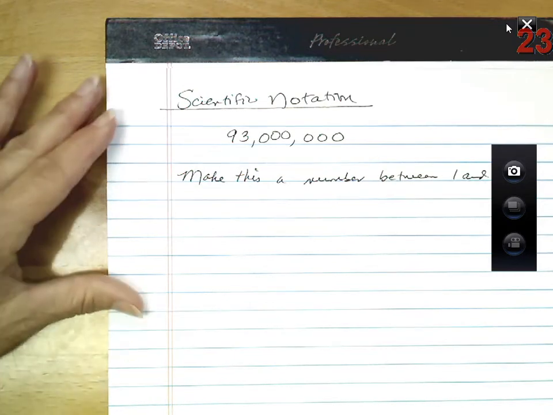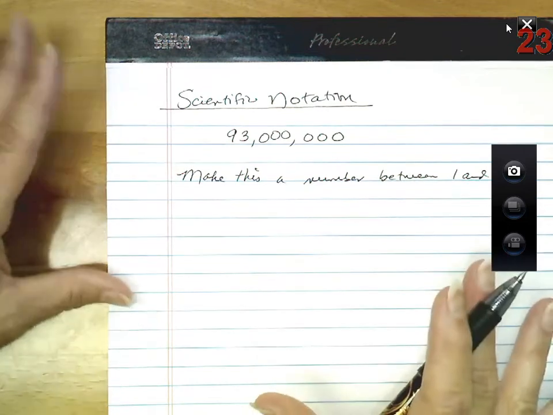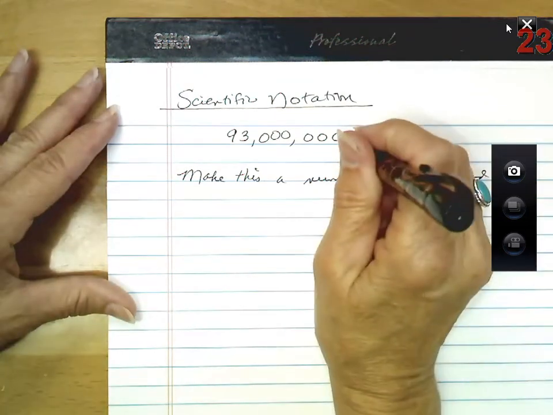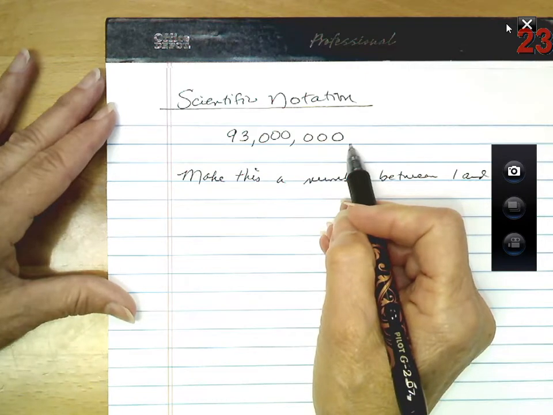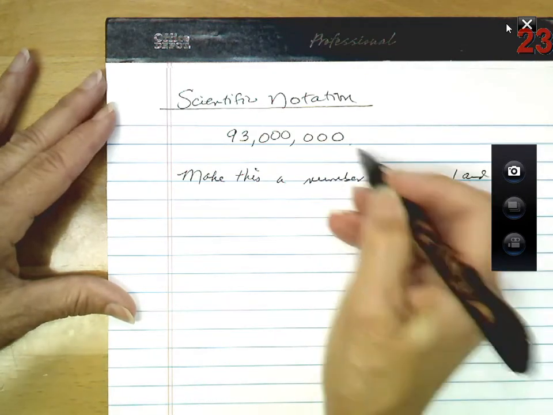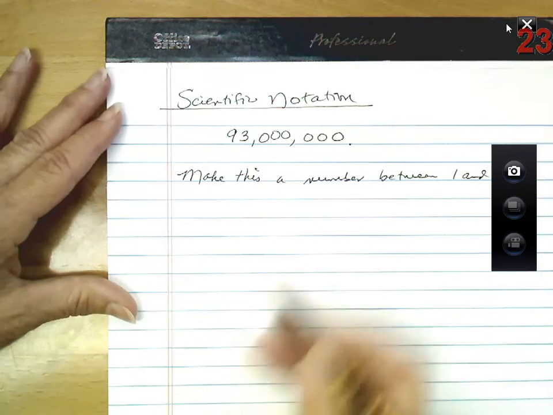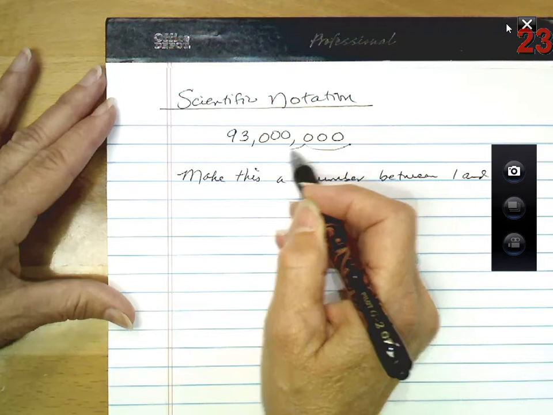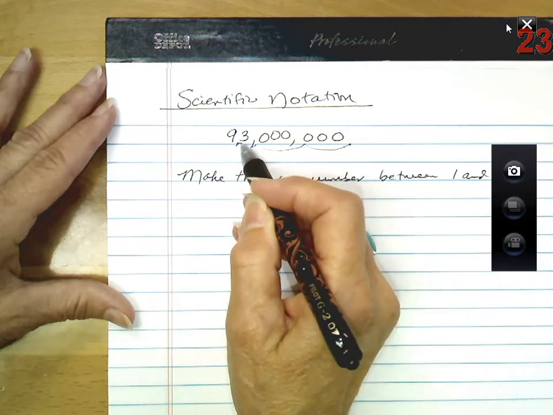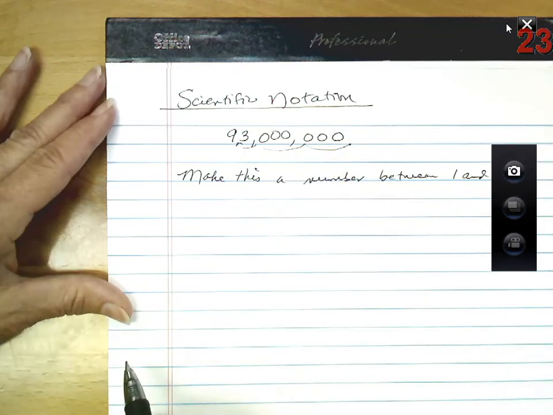So what you do, in any whole number, your decimal is right there, right? At the end. Even though it's not on there, you know that that's where it is. Okay. We want to move this decimal and make this a number between 1 and 10. So we would move it 3, 6, 7 places and put it right there. Okay.